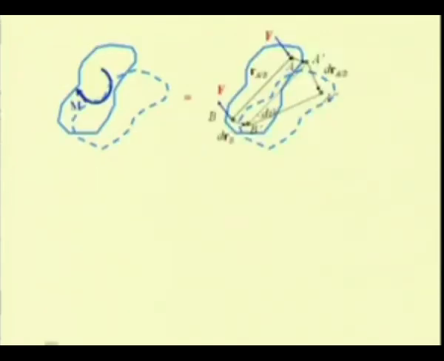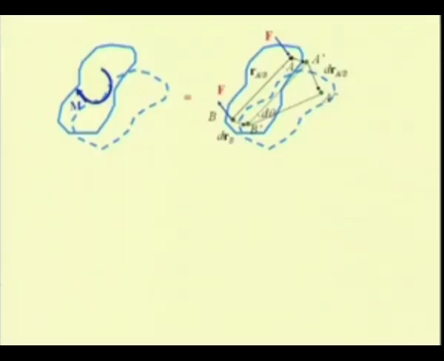So, let us try to derive this quantity based on our understanding that any rigid body motion can be decomposed into a translation and a rotation. Let us say because of the application of this moment M, the body has moved from this position to this dotted position.